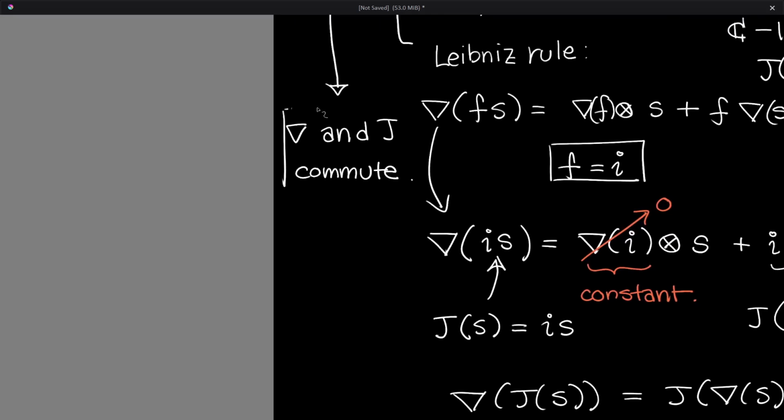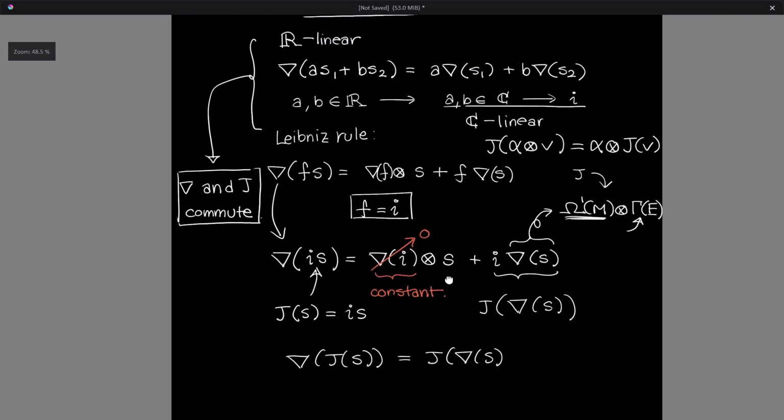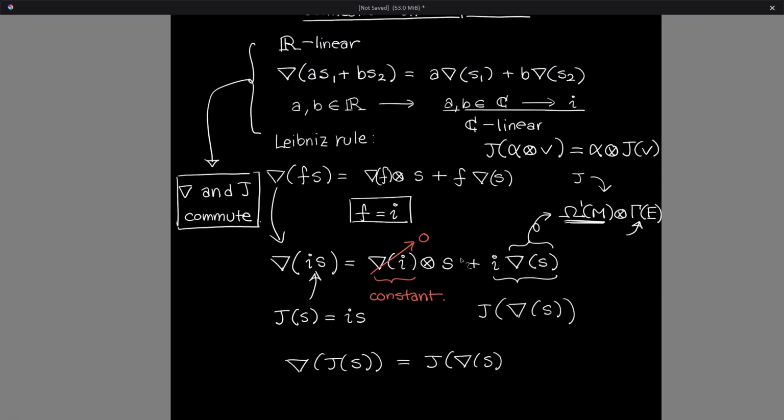That is the upshot of what any complex connection has to do: it needs to make sure that nabla commutes with the complex structure. And you can think of this commutation, maybe I haven't referenced this idea before, as the idea that one structure must not break the other structure.